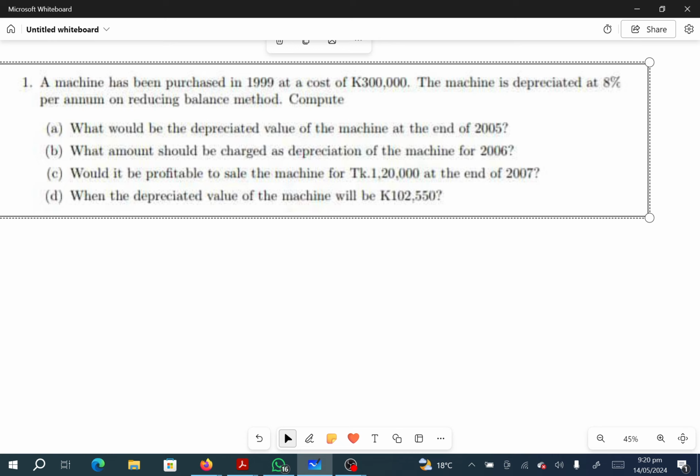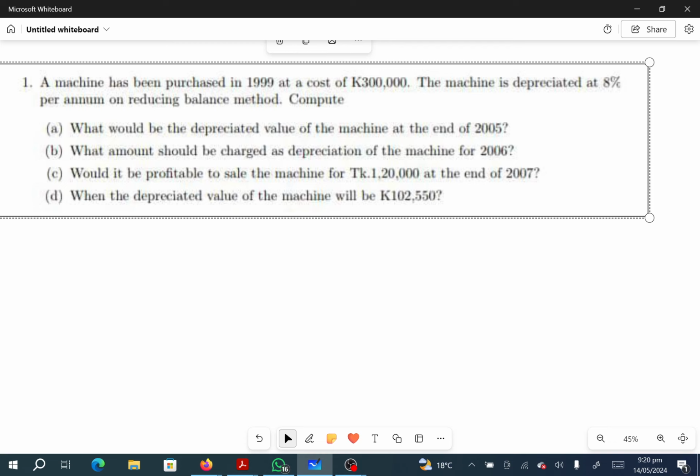So in A, they want us to calculate the value at the end of 2005. Then B, what should be charged as depreciation of the machine for 2006.